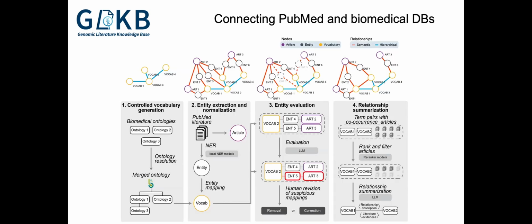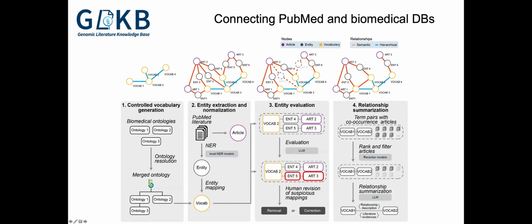So this is the entire pipeline. We first get a controlled vocabulary by ontology resolution. Then we extract the entities and normalize them. The third step is to evaluate the entities to make sure the extracted entities make sense.